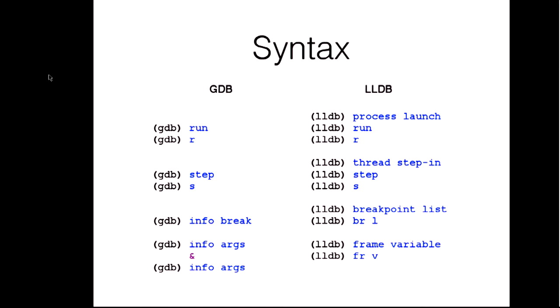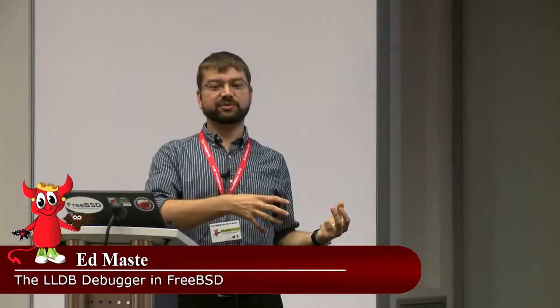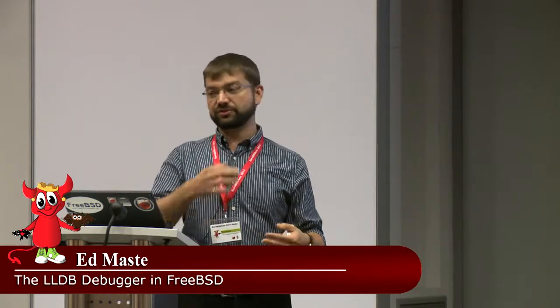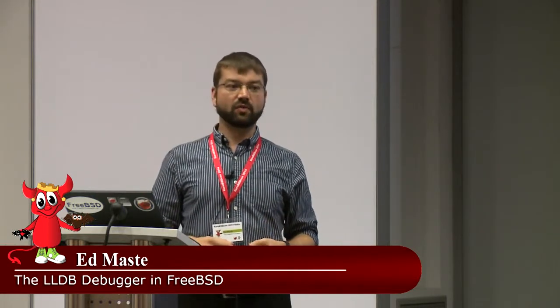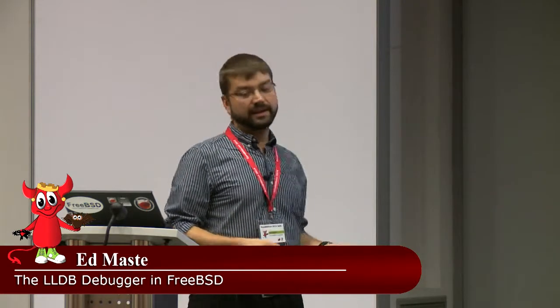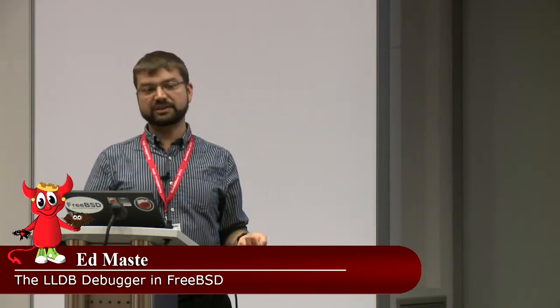Most of these are just direct aliases, where the command works exactly the same way. But the B command in LLDB, as an alias, is a specific command implemented to try and handle some of the overloaded options you can provide to GDB's breakpoint command, but it's a much more limited set.